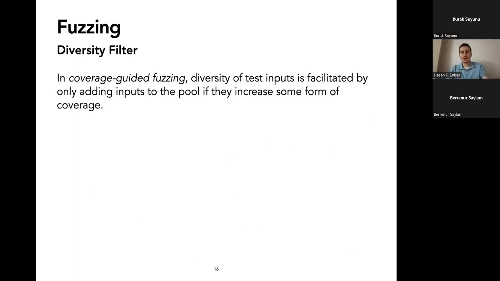So for this, we consider the diversity filter. Again, I want to give you a bit of background on fuzzing in software testing. Fuzzing is a quite popular technique to find vulnerabilities and bugs in software, and it usually considers a pool of test inputs. The fuzzer picks one of those test inputs from the pool, mutates it a little based on some algorithm, or maybe randomly, and feeds the program with the mutated test input.